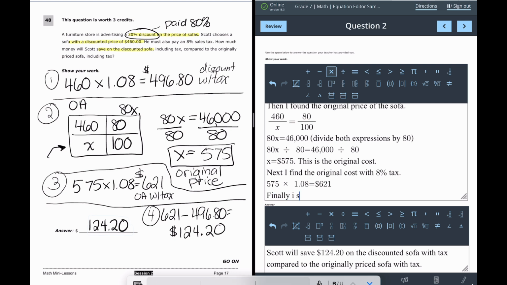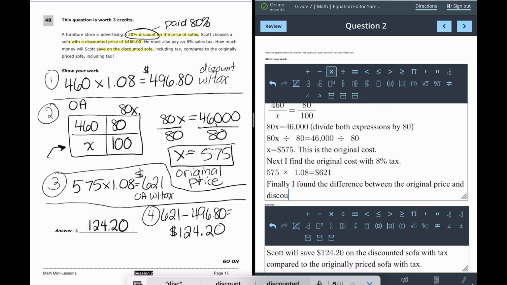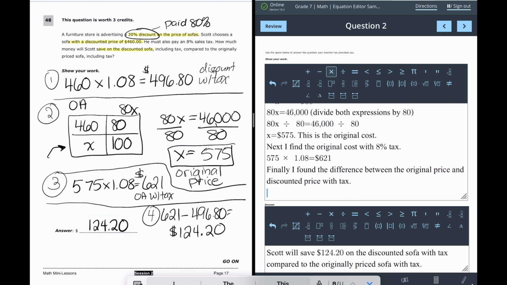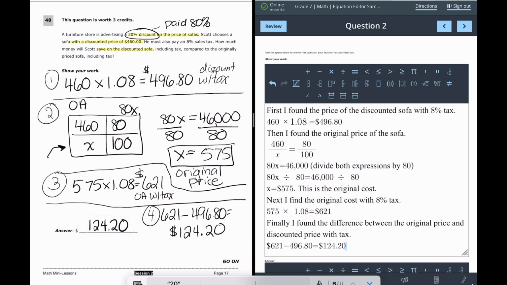Finally, I found the difference between the original price and discounted price with tax. 621 minus 496.80, and I just make sure I have it all in there, is 124.20, and done.